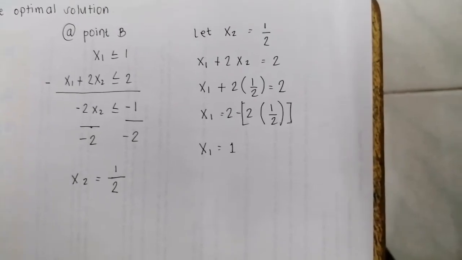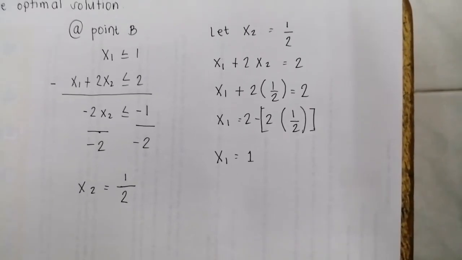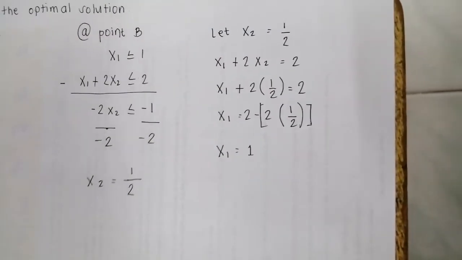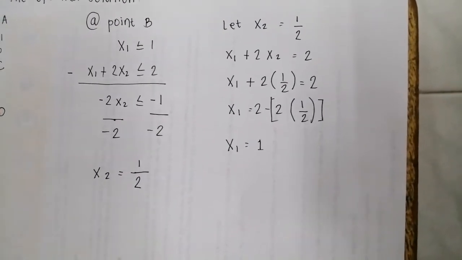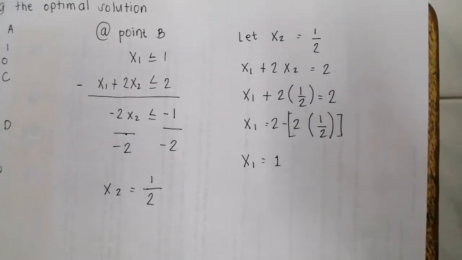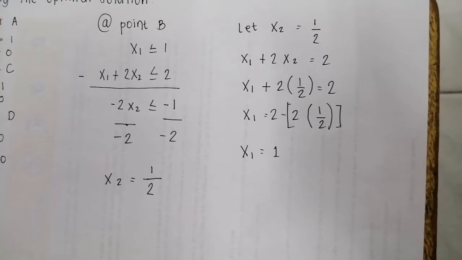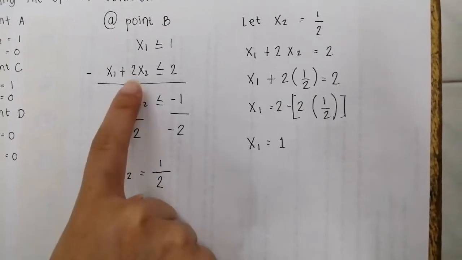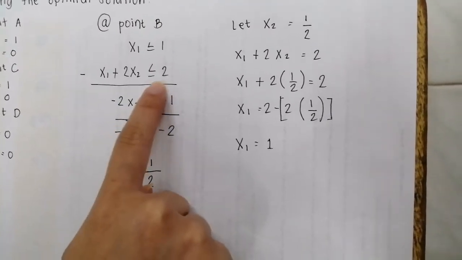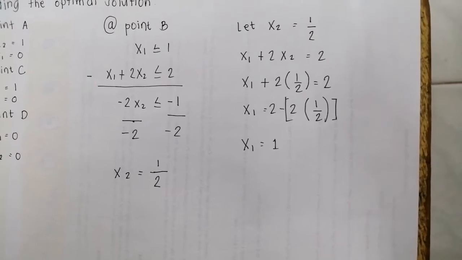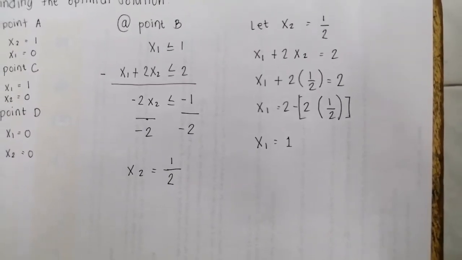And since we saw in the graph earlier that point B is the intersection of the constraints, we identified the lines that intersect, which are x sub 1 less than or equal to 1 and x sub 1 plus 2 x sub 2 less than or equal to 2. So by using the elimination method, we find the value of x sub 2.